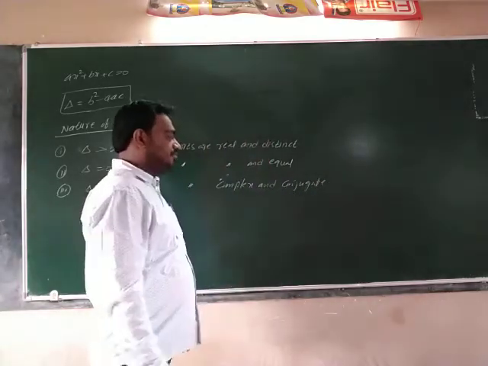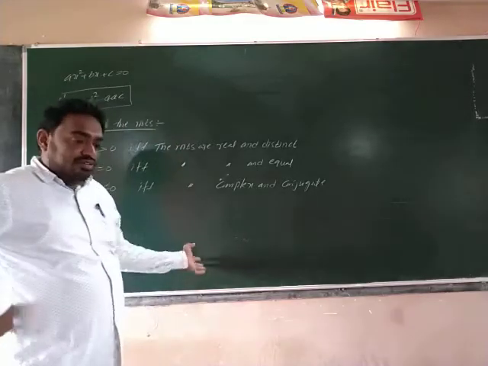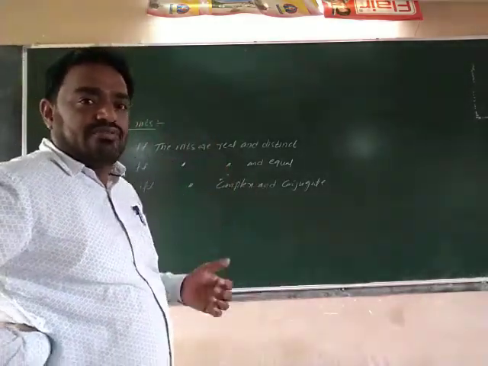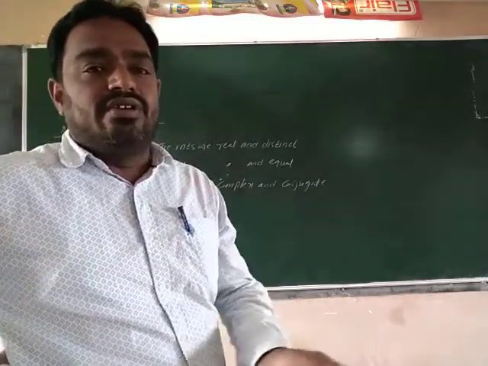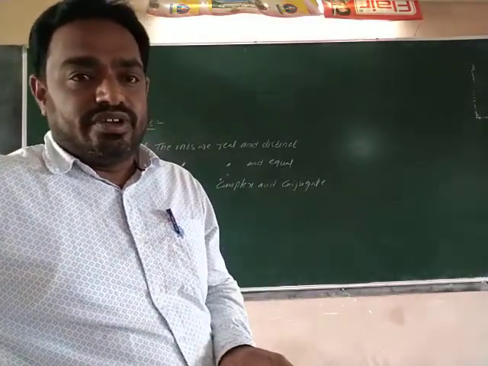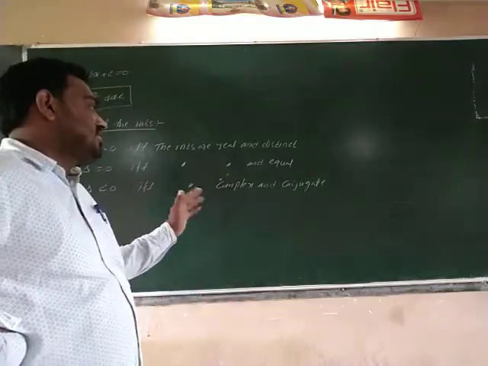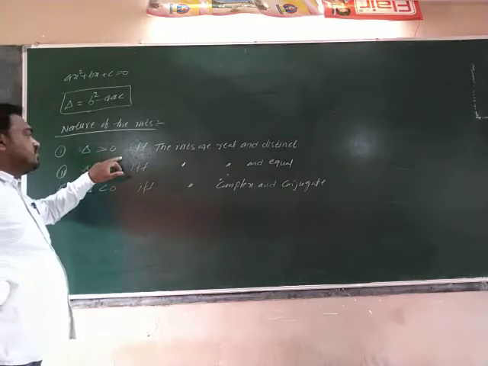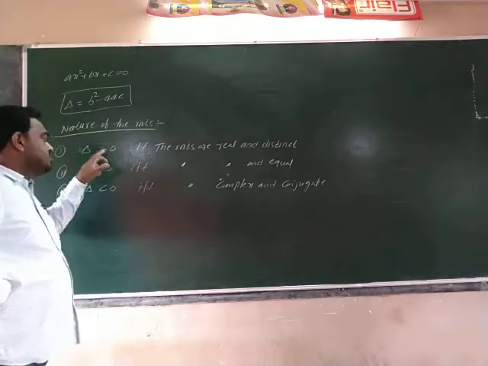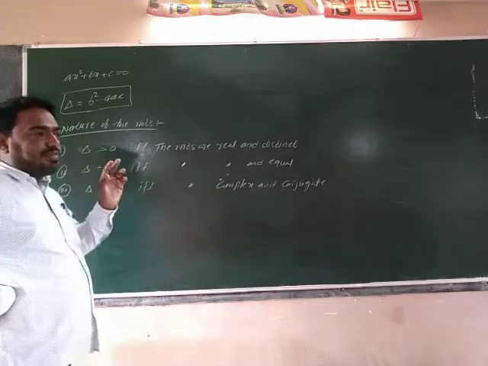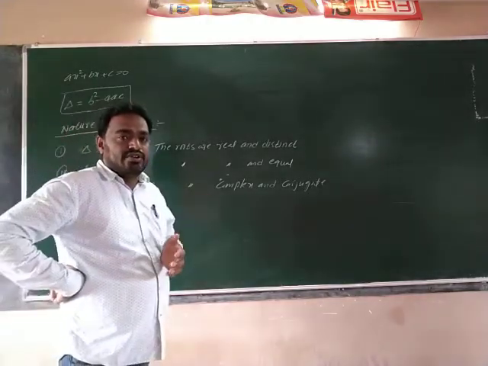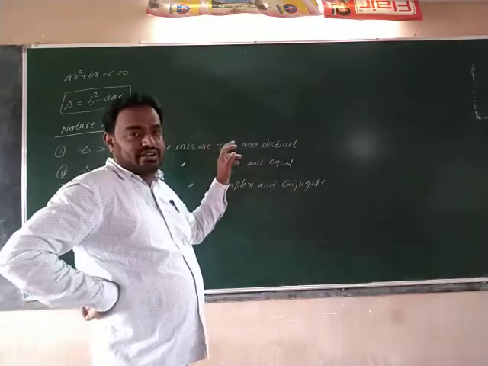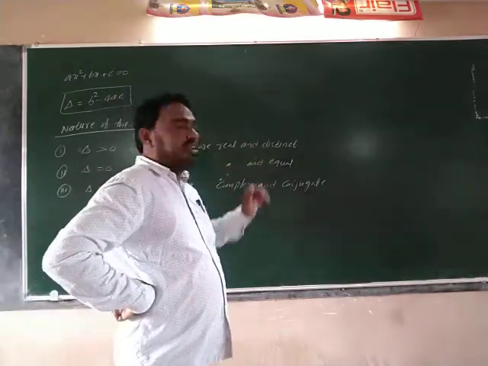That means if one of the roots is a plus ib, then the other root is a minus ib. The roots are complex and conjugate. And here also delta greater than 0 applies. If delta is greater than 0 and it is a perfect square, the roots are real and distinct numbers.